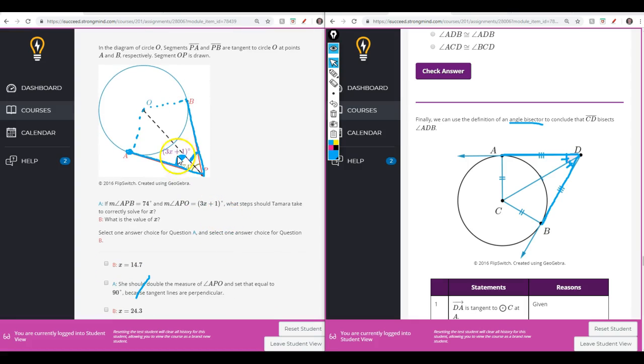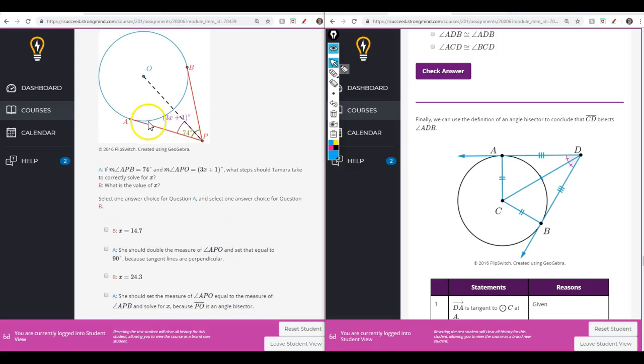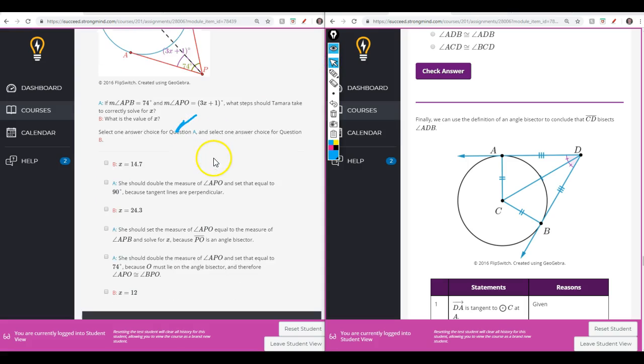So, let's see what it is all talking about here. It is wanting us to do angle APO equal to the measure of angle APB because it's the angle bisector. No, because this angle right here, APO, is only half of the measure of angle APB. So that one's not.